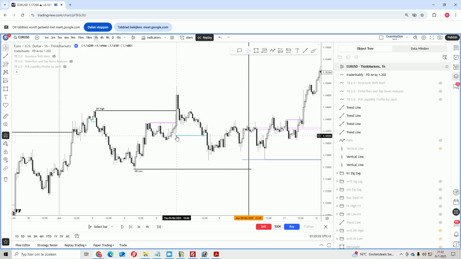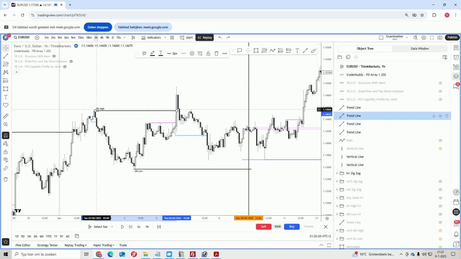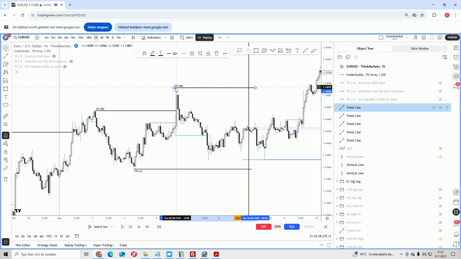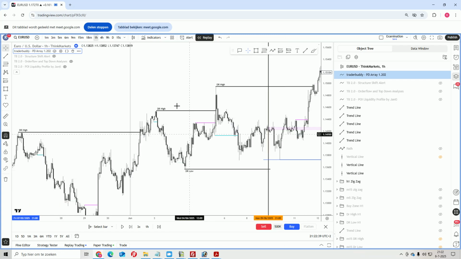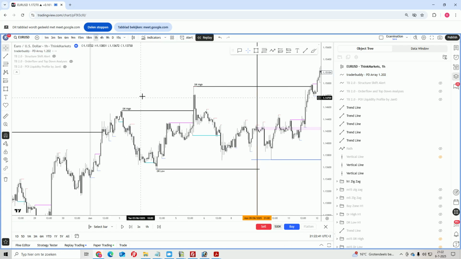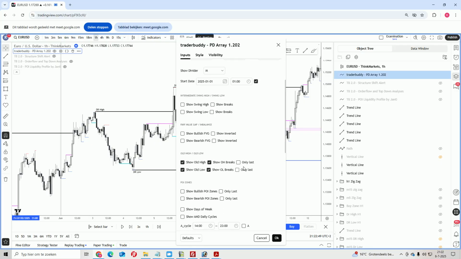When we break, and that's why you have to put the indicator on the settings I just showed you. I will show them again. So these settings, don't do this. Why not? Because we get all kinds of lines on the chart, and that's only confusing, and we want simplicity.